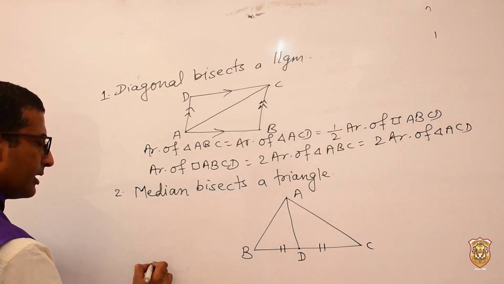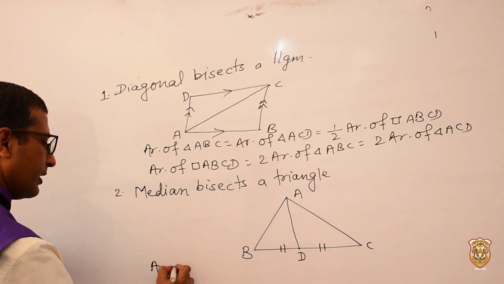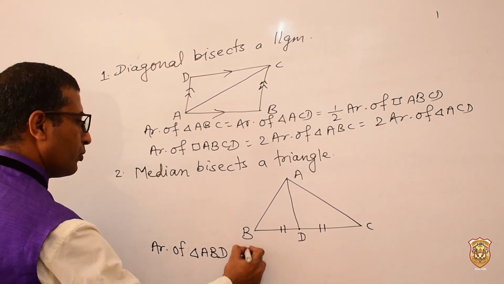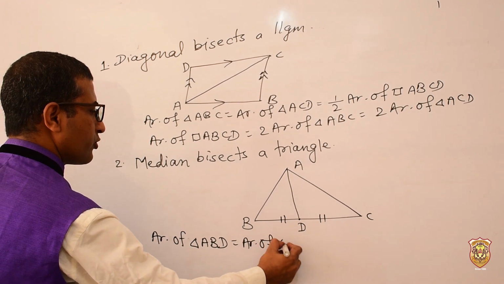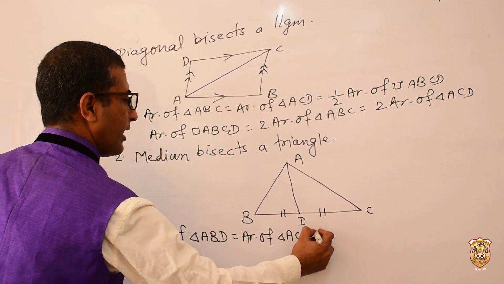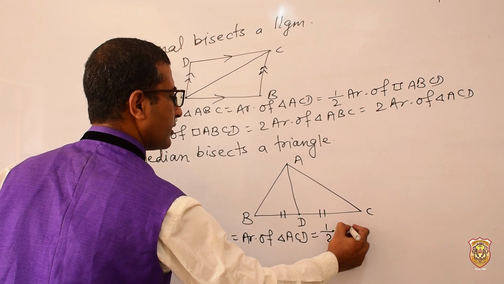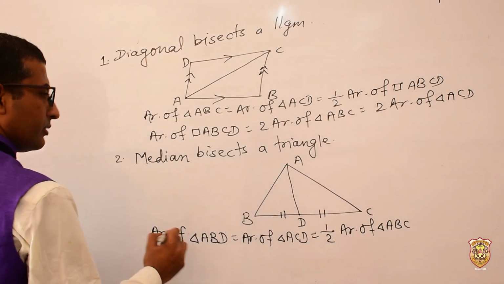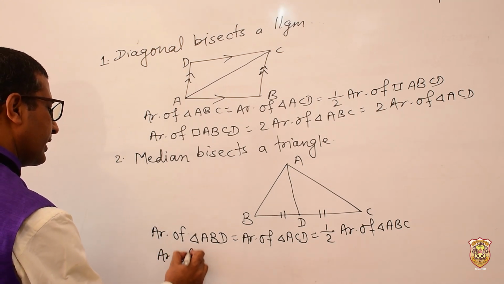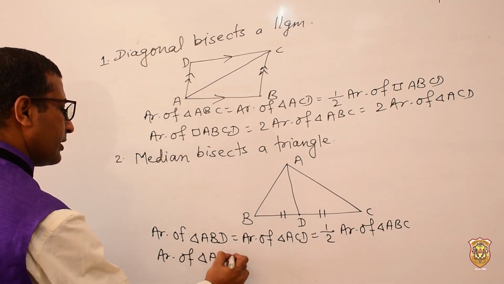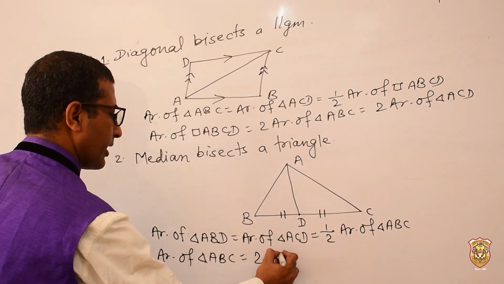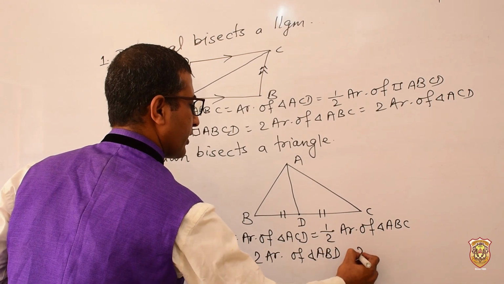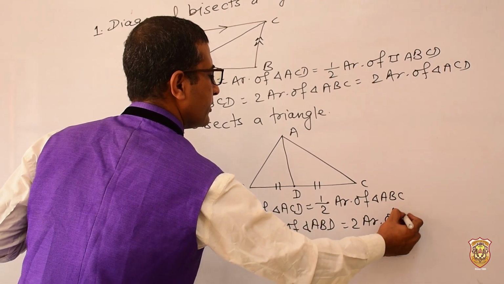And same as earlier, bisected, so area of triangle ABD is equal to area of triangle ACD, and both will be equal to half the area of triangle ABC. Just simplifying that, if we require area of triangle ABC, it is 2 times the area of triangle ABD and 2 times the area of triangle ACD.